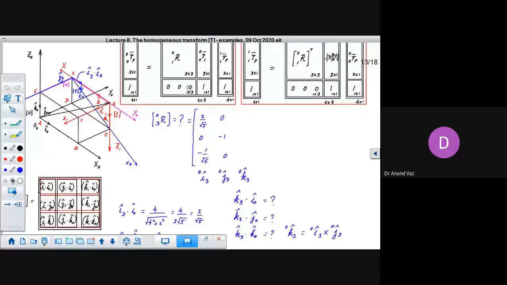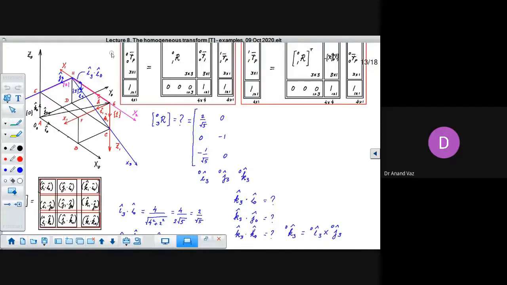So what is the position vector of frame 3? It's over here, right? It is 0 units along the x direction, 3 units along y direction and 2 units along z direction.